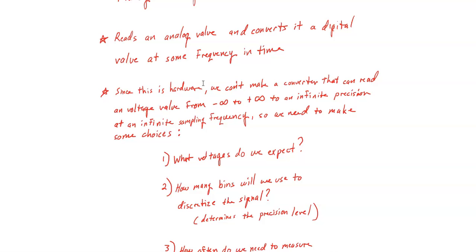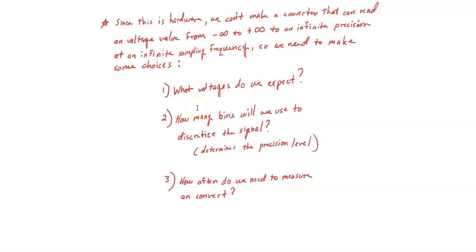And so related to those limitations, we have to have an idea of what voltages do we expect. And so what voltages would we want our analog to digital converter to be able to handle? So we call that voltage EFSR. And so that's the full scale range, FSR, of our analog to digital converter.